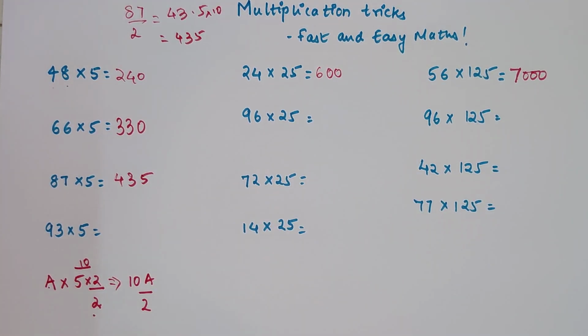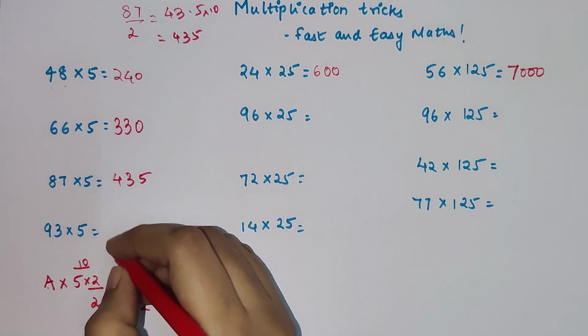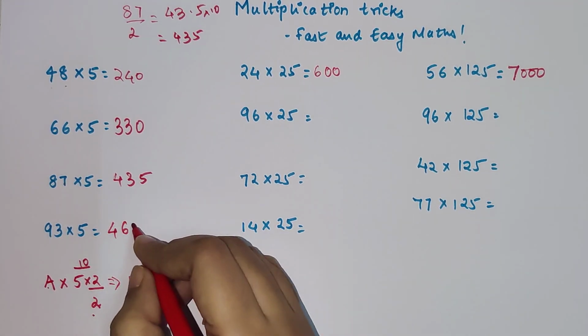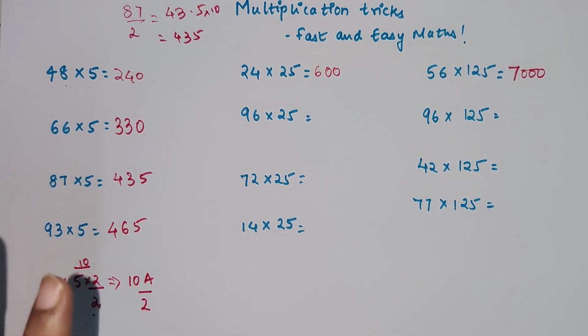That will be applicable for every odd number, whenever you multiply by 5. So here in this case I have 4, 6 and 5. Why? Because 93 divided by 2 will get me 46.5, and that when multiplied by 10 will get me 465.